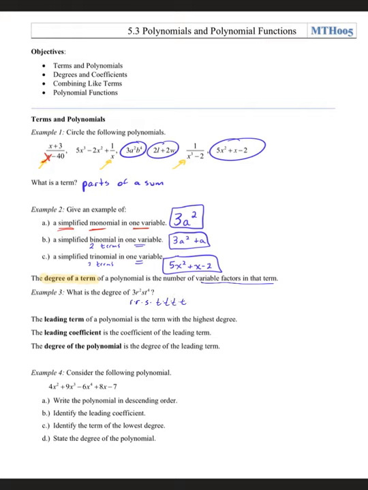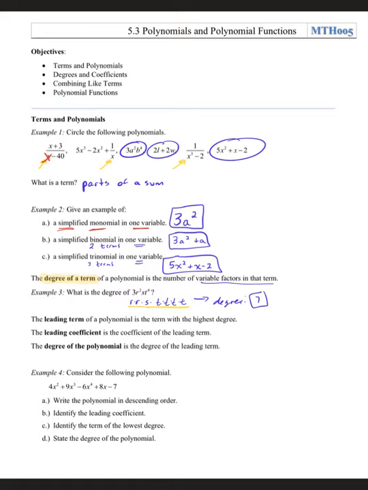So you ask yourself, okay, how many variables are there altogether? 2, 3, 4, 5, 6, 7. So the degree of this would be 7. It's how many variables altogether there are.